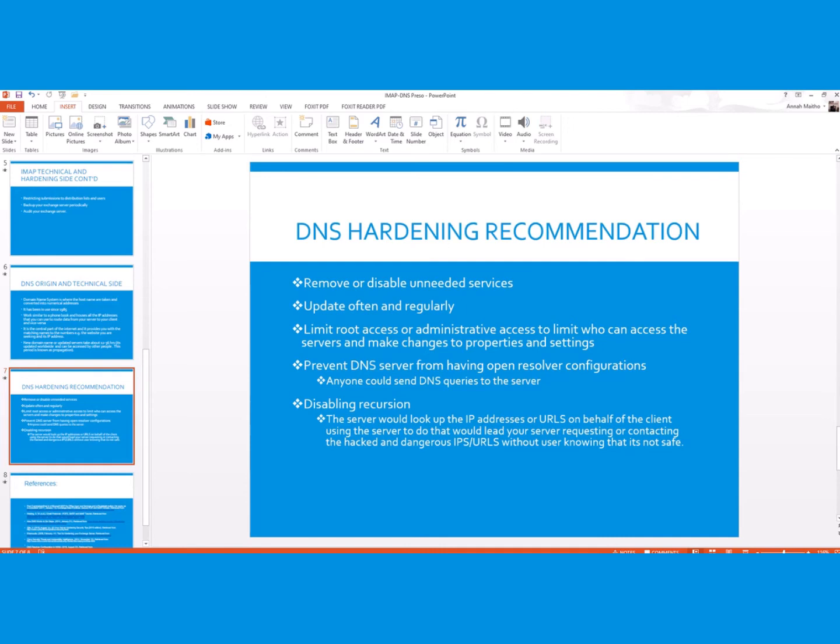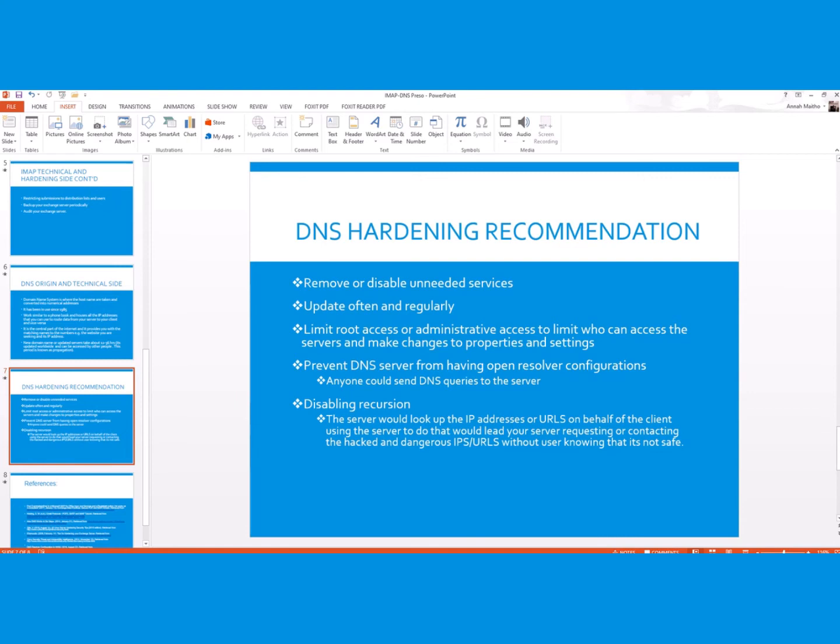We'll finally go over the hardening recommendations of the DNS. First, it is recommended to remove or disable all unneeded services.